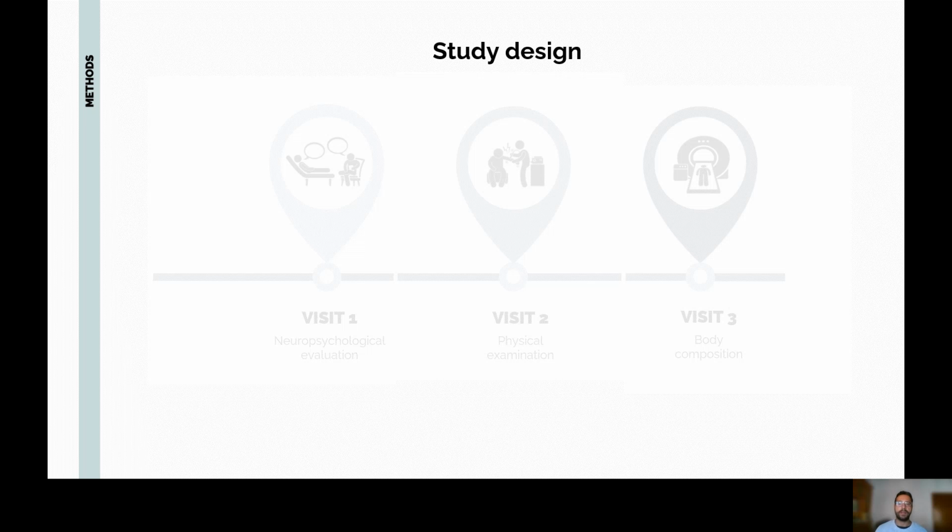Then they come a second day and the nurses perform a physical examination and some clinical tests such as an ECG, spirometry, etc. And in the final visit, they come to the university to have their body composition analyzed and evaluated through dual energy X-ray absorptiometry, the DEXA scan.